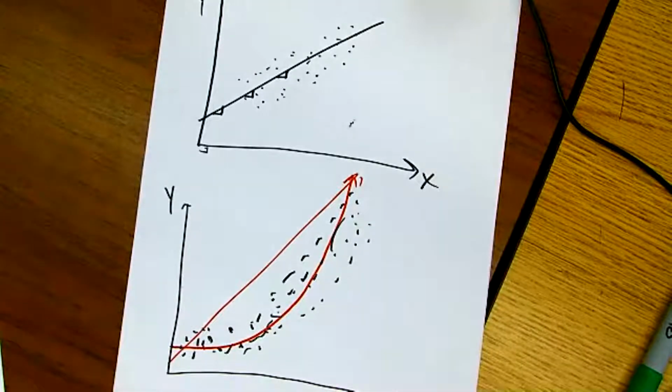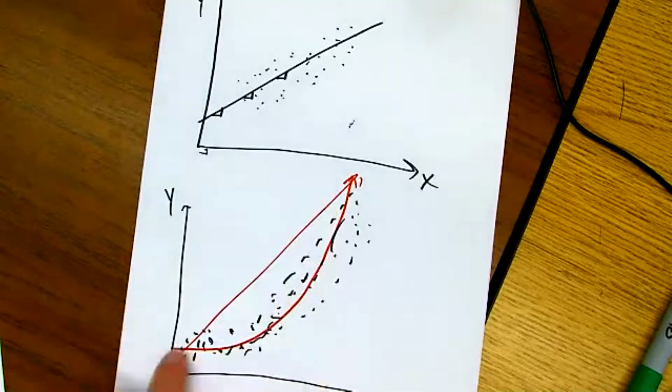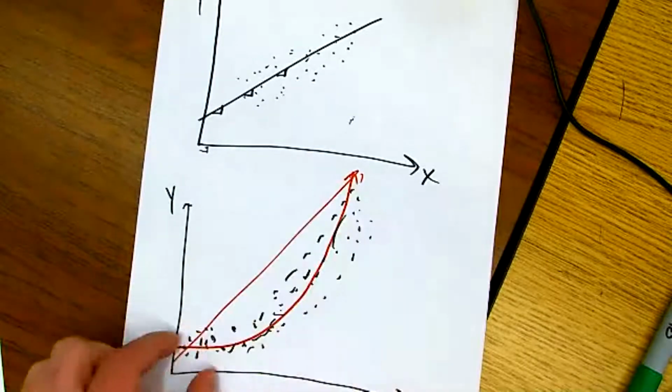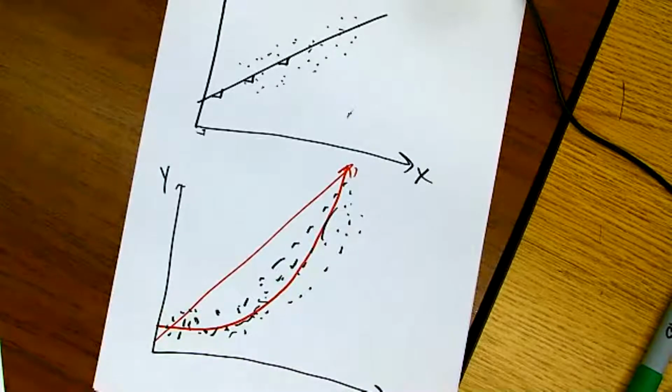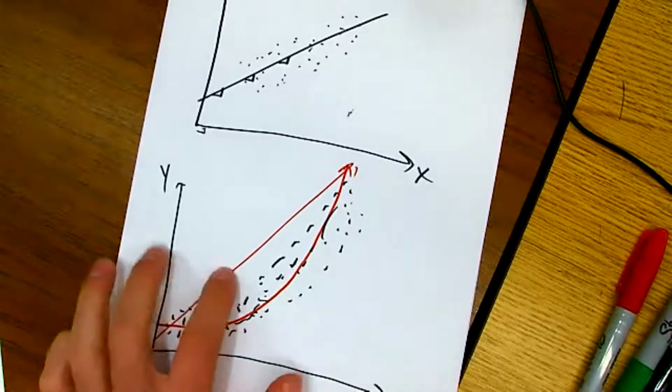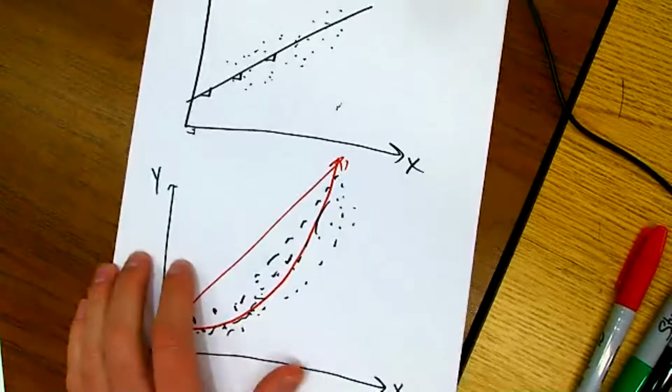So if the relationship is not linear in the original data, to make predictions I need to be able to force the relationship between this X and Y variable not to be linear. Well, how will I do that?